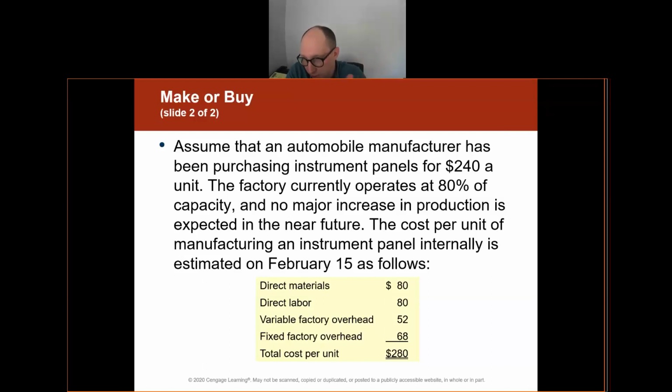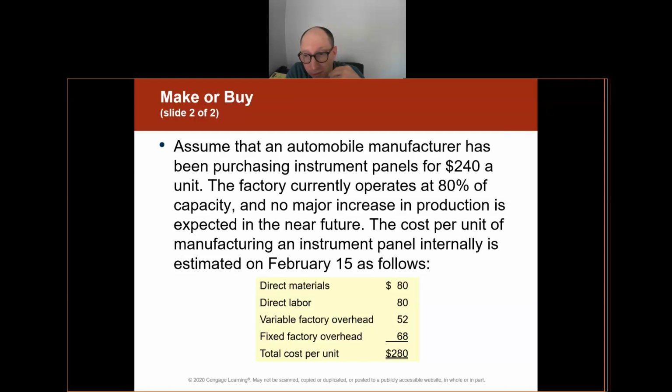Instrument panel is the gauges on the steering wheel that tell you how fast you're going, RPMs, all that stuff, right? We can either make those or we can buy those. Now let's look at the difference. We can buy it already assembled for $240 a unit. Right now, our company is operating at 80% capacity, okay?